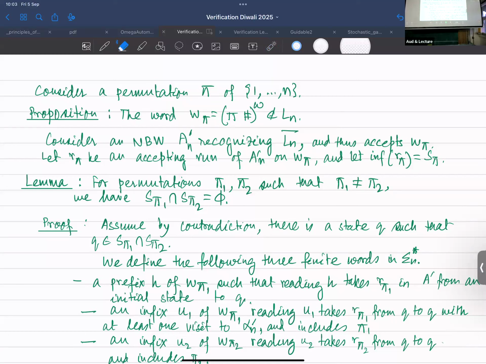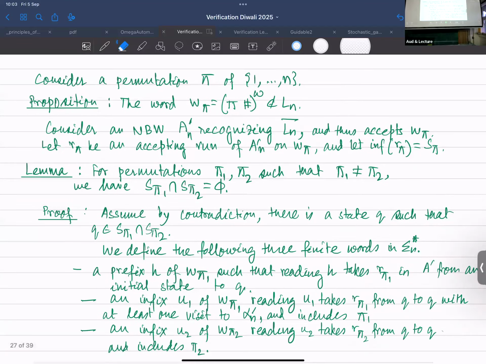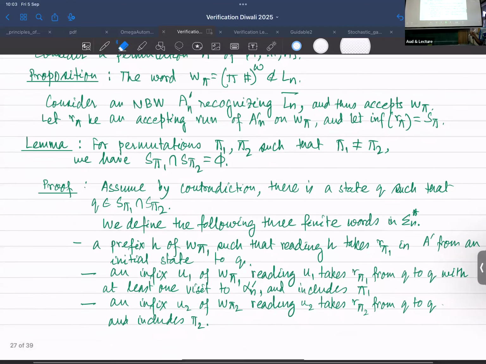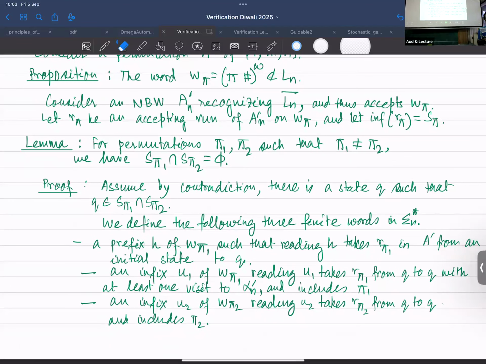Now, if I have two permutations, say pi 1 and pi 2, corresponding to these words W pi 1 and W pi 2, I can consider S pi 1 and S pi 2. My proposition, this lemma, says that for two different permutations, S pi 1 and S pi 2 should be disjoint.